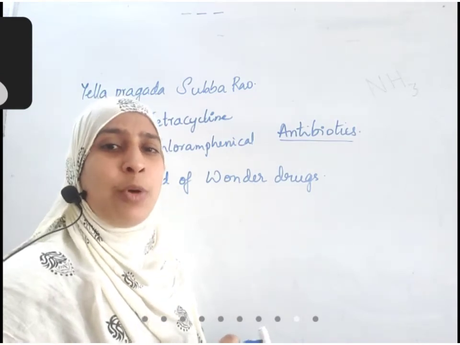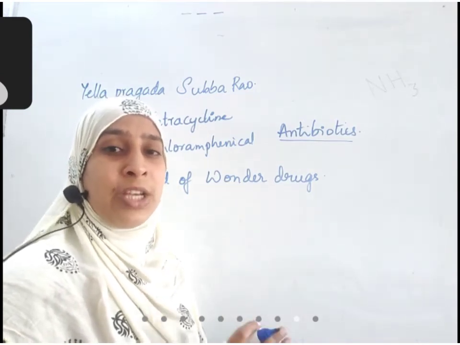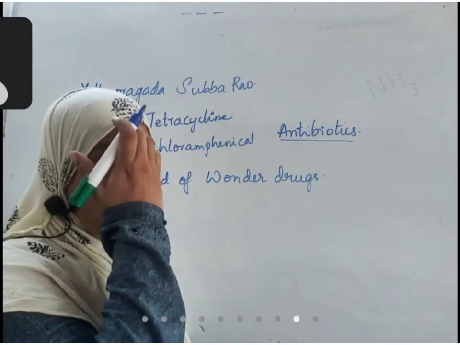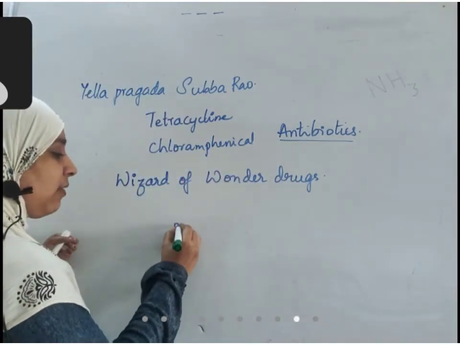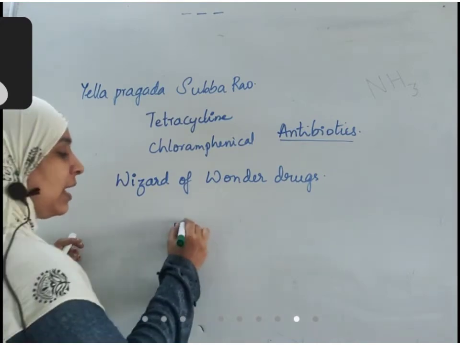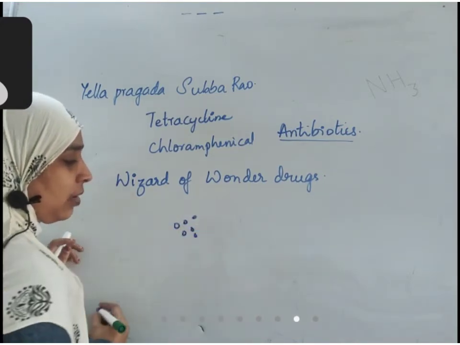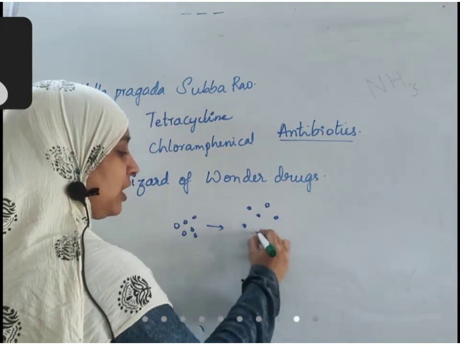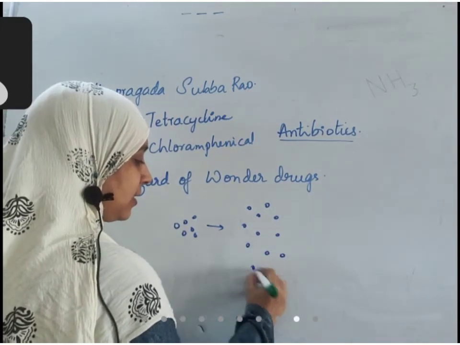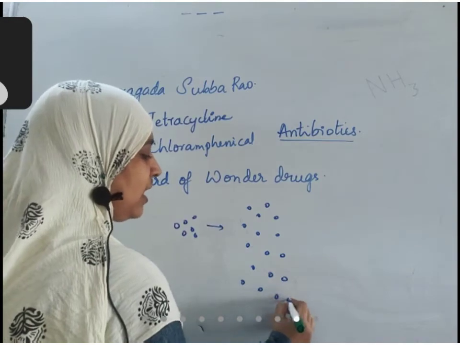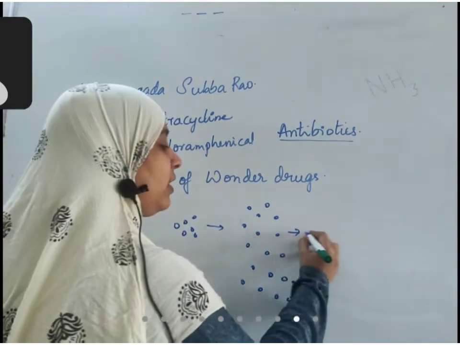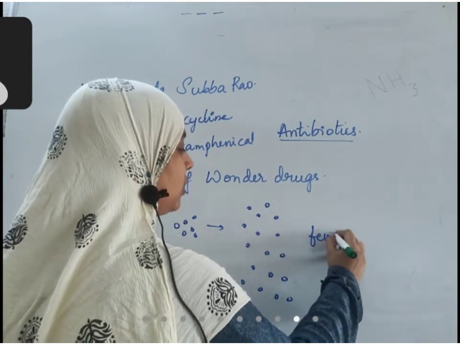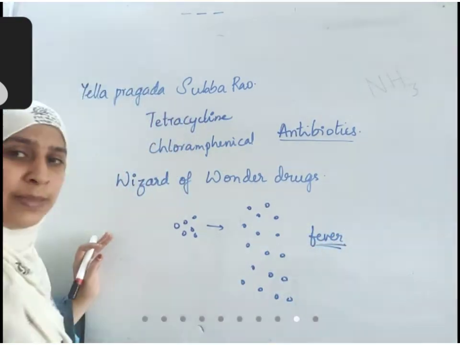And one more thing about antibiotics is the complete dose should be used. Why? What will happen? When bacteria enter our body, they enter in small numbers. When the bacteria start reproducing in our body, their number increases. When the number increases, only then do we get the infection and we get fever or something like that. Some symptoms are exhibited.